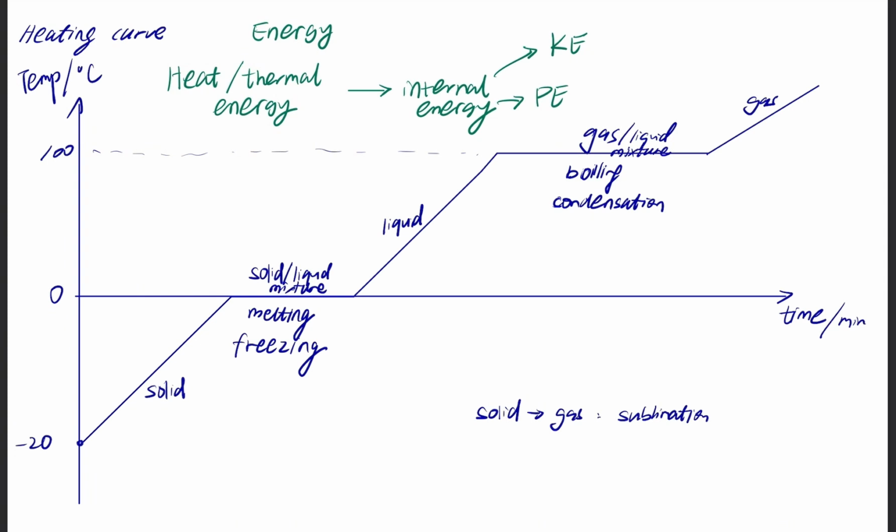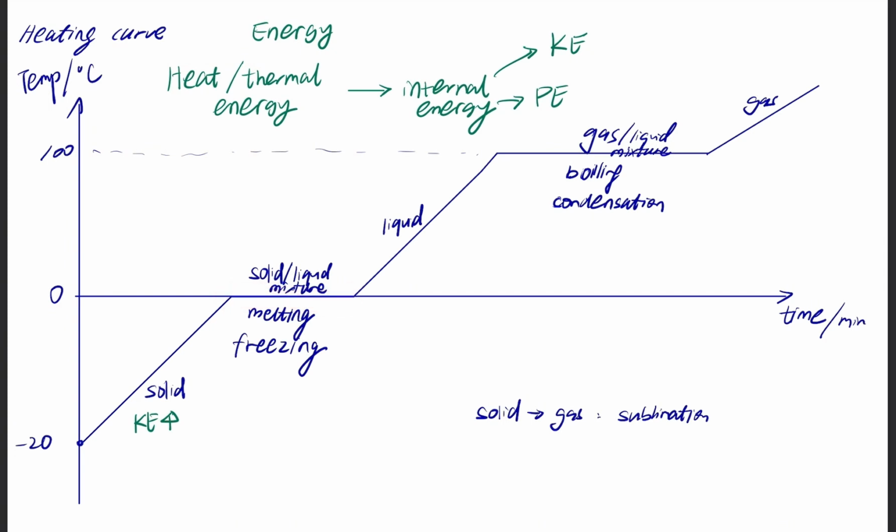Let's zoom in. From negative 20 degrees to 0 degrees, when the temperature increases, it will cause the particles to move more energetically and vigorously, vibrating more vigorously in the fixed positions. So in this case, the KE will increase. Now, when the particles have hit 0 degrees, it will reach a solid-liquid mixture and undergo melting.